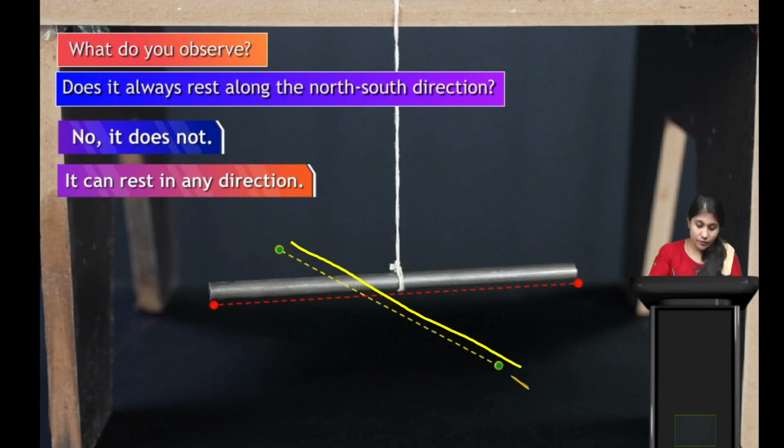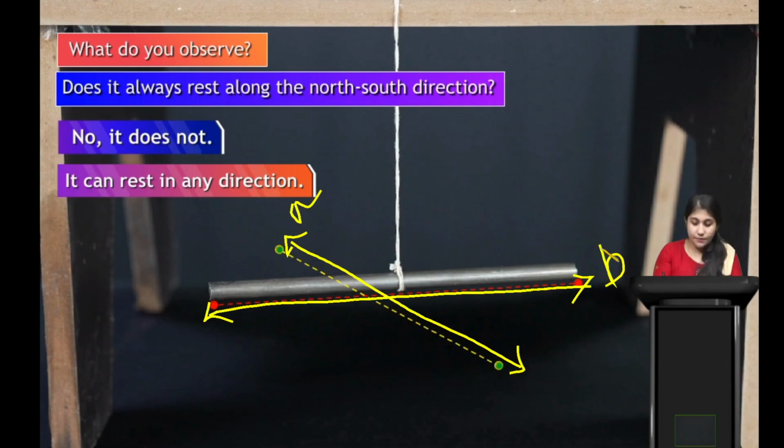Before it was resting along this direction, which we will consider A, and after that it was resting along this direction, which we will consider B. So now children, you can compare that direction A and direction B are not along the same direction. A is going this side, and B is going this side. Okay.